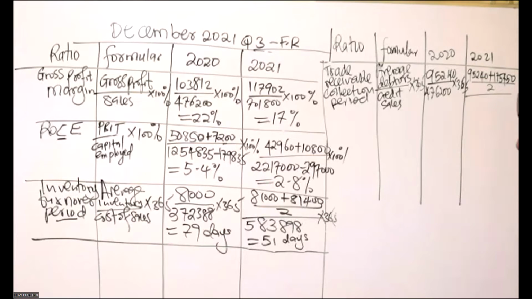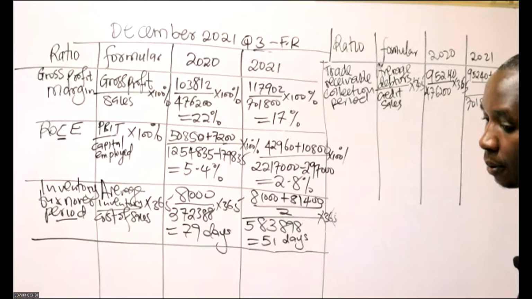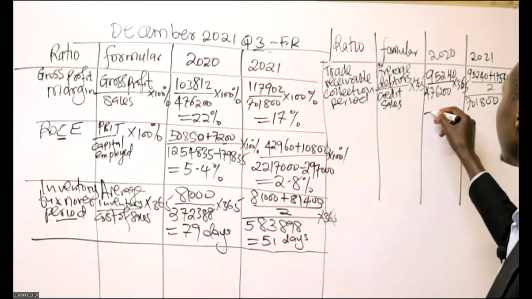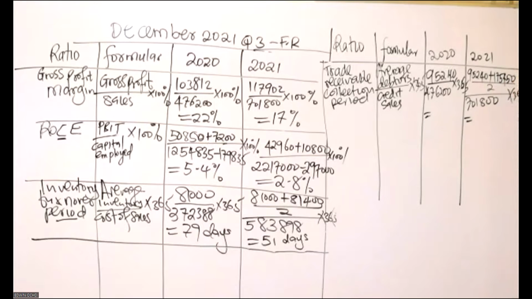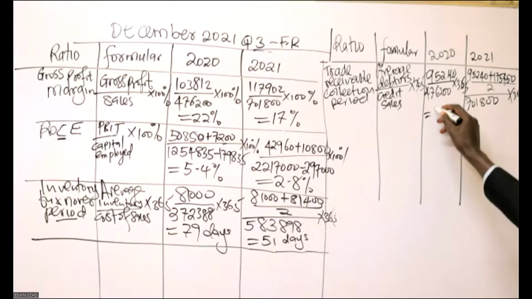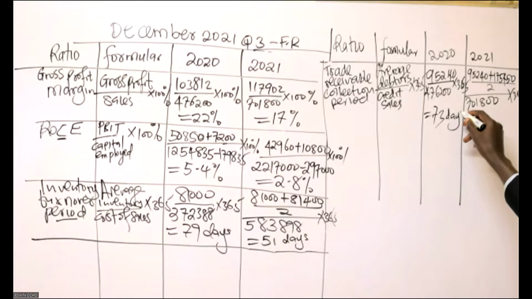Over the credit sales, which is the sales revenue, 701,800, times 365. And so the answer in the year, days, is 73 days. 70 days.